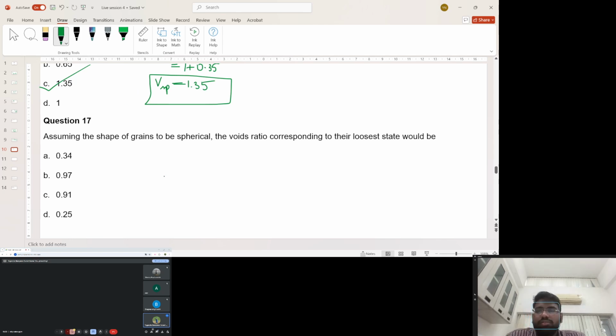For that we need to consider a particular cube of spherical grains. So let us consider a cube, and the loosest state would be which arrangement?